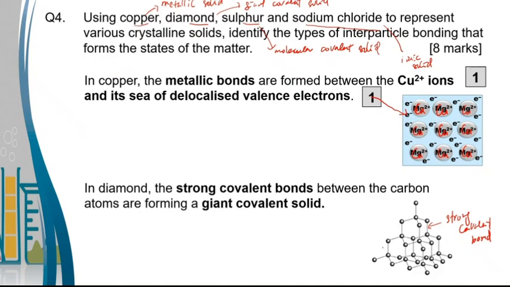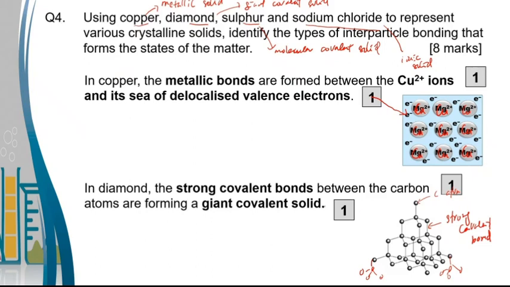Actually, it has an infinite number of carbon atoms bonded together, so many until we cannot count. So this one is also 2 marks: 1 mark for the strong covalent bond and 1 mark for the giant covalent solid.